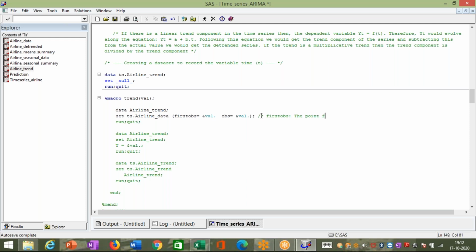So what you have is the point from where the data set needs to be, from where we should start reading the data set.